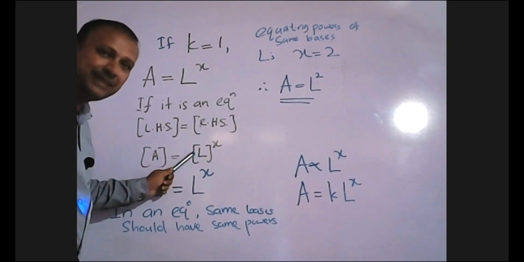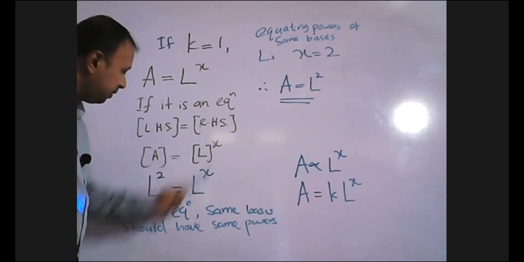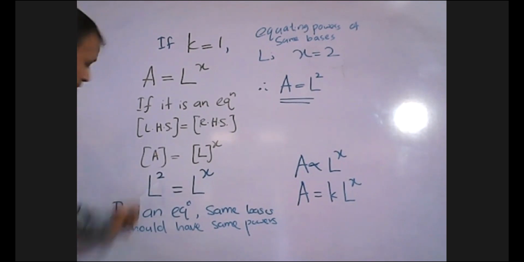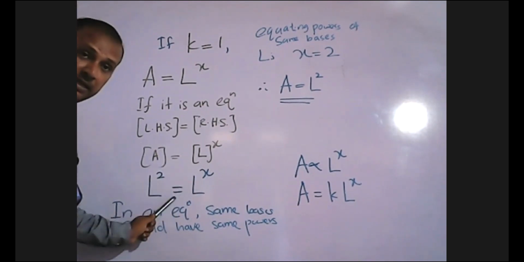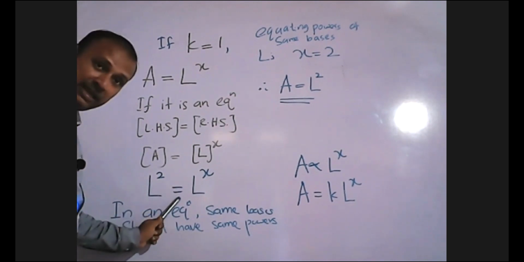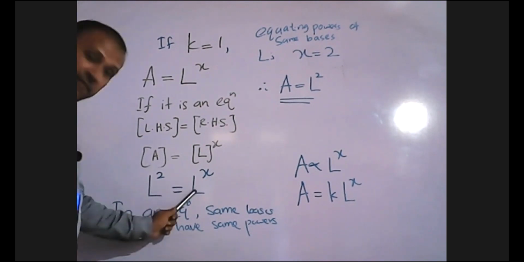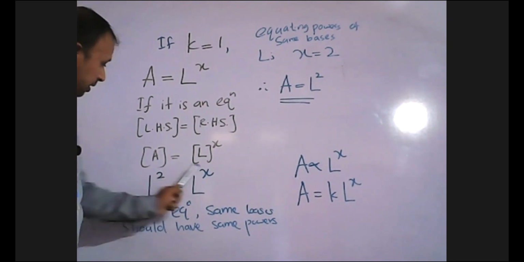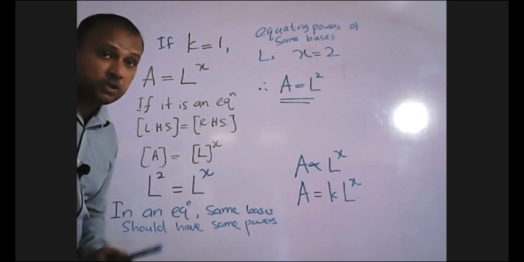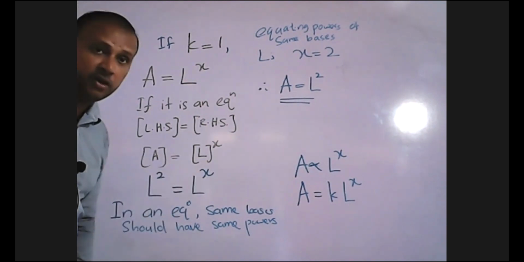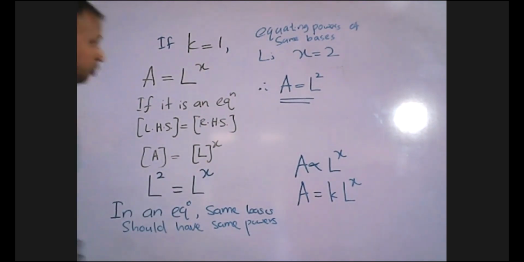Dimension of L is length, no? Length to the power x. So both have the same bases, and the powers of the same bases in an equation should be equal.